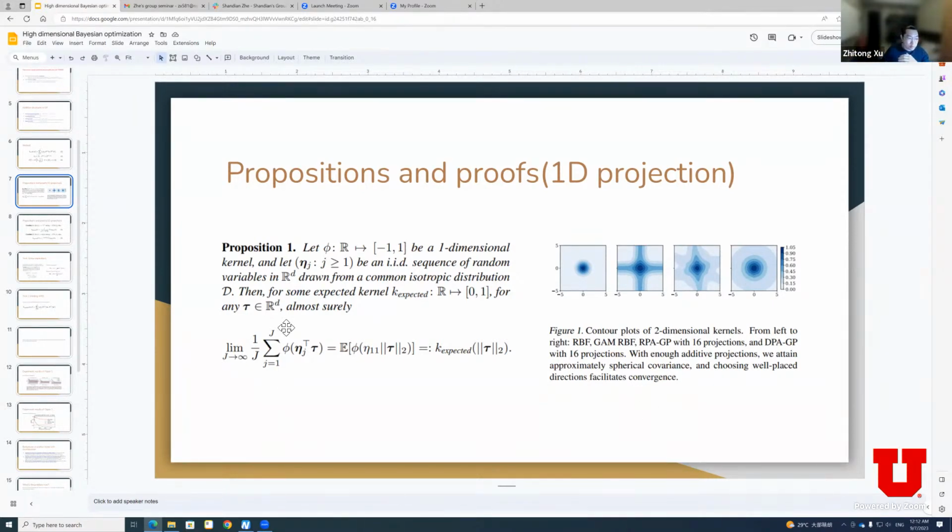Why they do this is they want the additive property, because this is a low dimensional kernel. It's easier to learn. It will not fail in the GP process. So they use many random projections to approximate the original Gaussian kernel or RBF kernel.